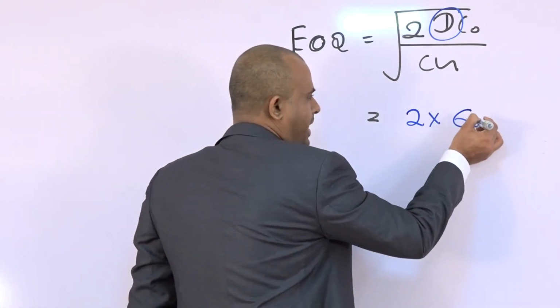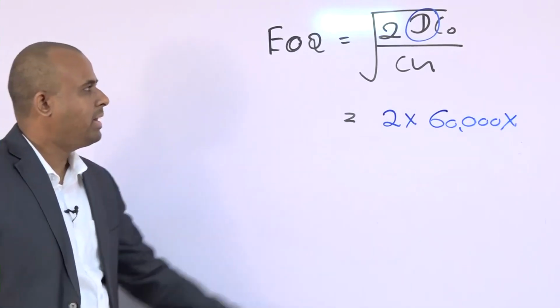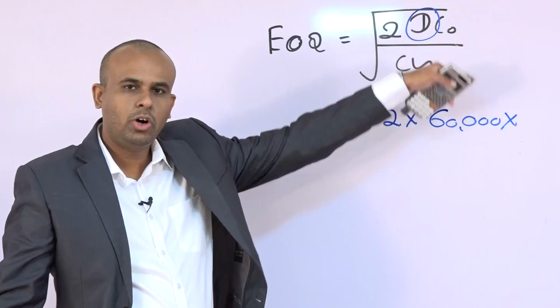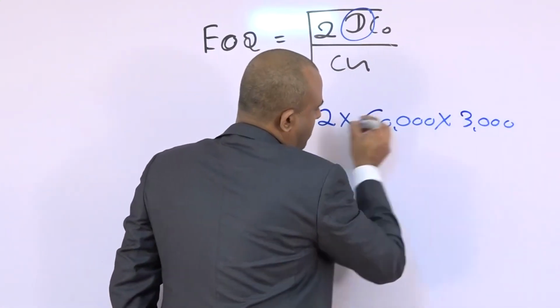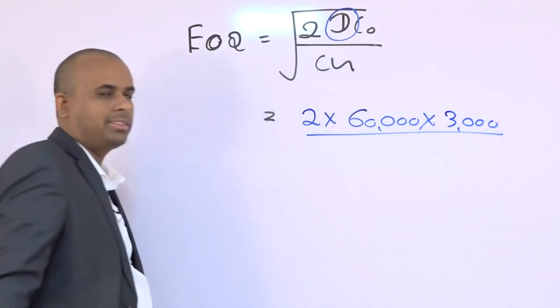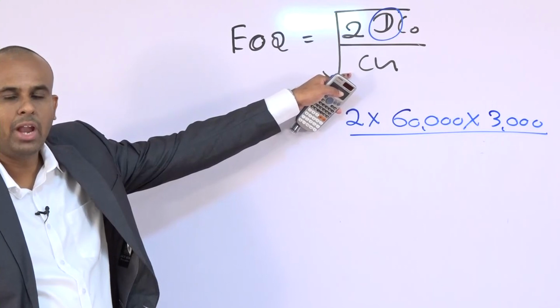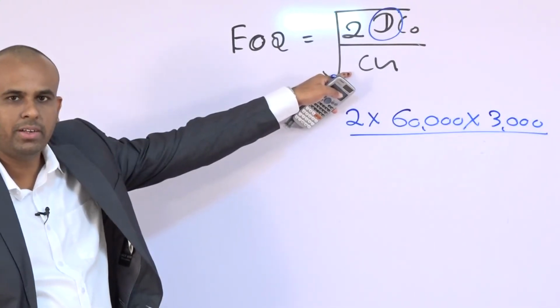Okay, then you can take 60,000. And what is CO? Cost per order. How much is the cost per order? That is 3,000. And that you need to divide by what? Annual holding cost per unit. How much is the annual holding cost per unit? It's a very straightforward question.